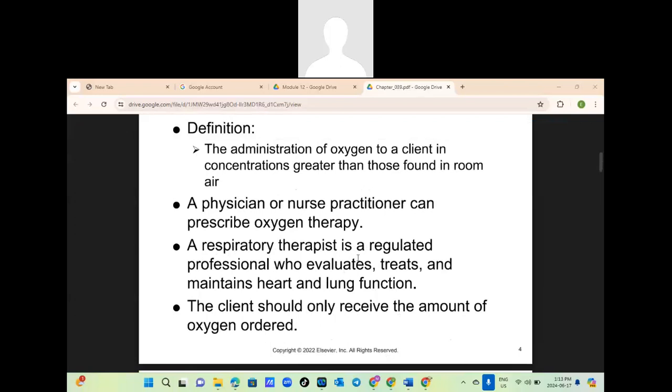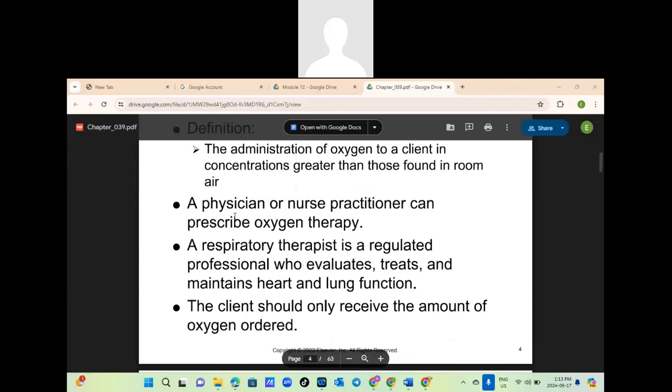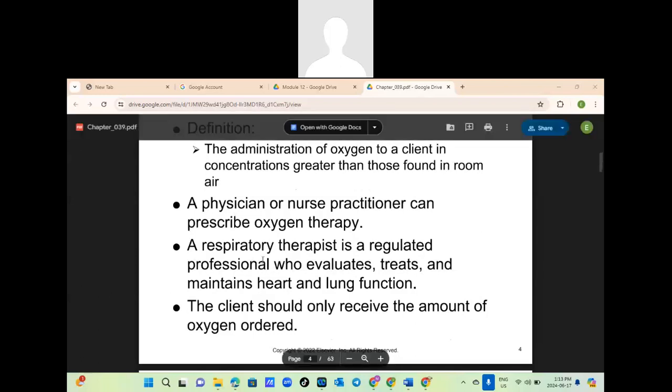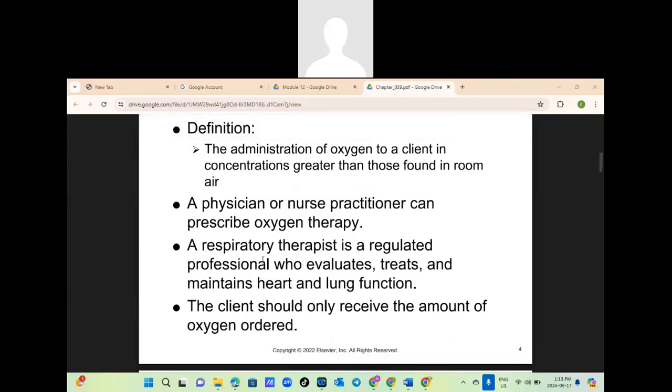The client should only receive the amount of oxygen ordered. The respiratory therapist may suggest how much oxygen to administer, and the physician or nurse practitioner will prescribe it.